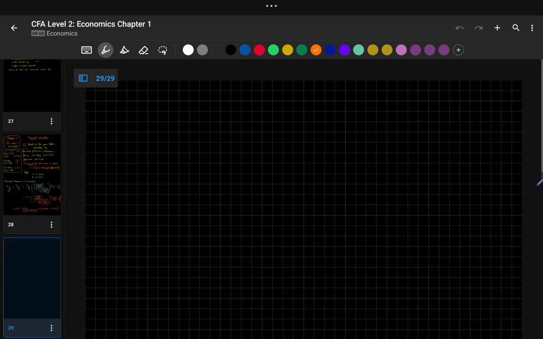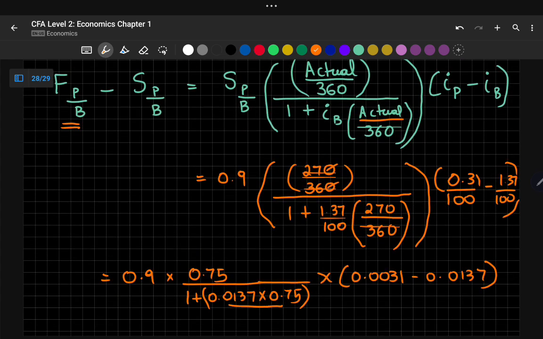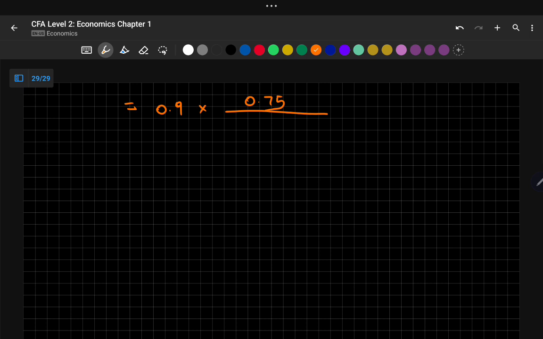Simplifying this further, this would be equal to 0.9 into 0.75 into, I'll multiply these two and then add 1, which would be 1.010275, into, simplifying this side, it would be minus 0.0106.